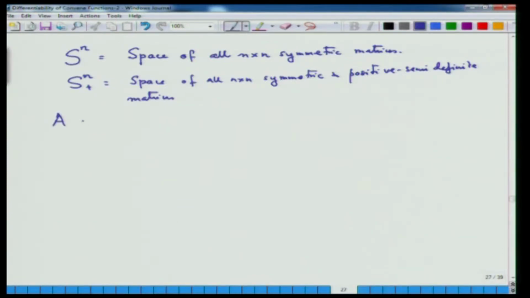By A is positive semi-definite, which we will now start writing as PSD, I mean a symmetric matrix A. A symmetric n cross n matrix A element of Sn is PSD if and only if x transpose A x is greater than or equal to 0 for all x in Rn. There is also a concept of positive definite.